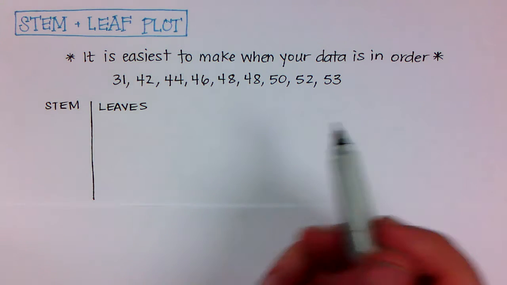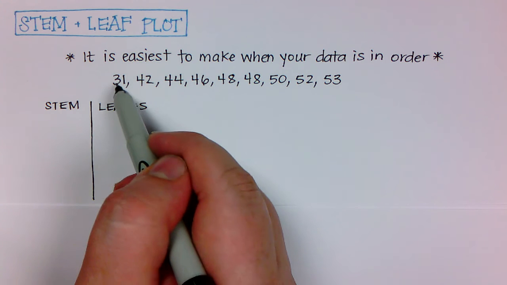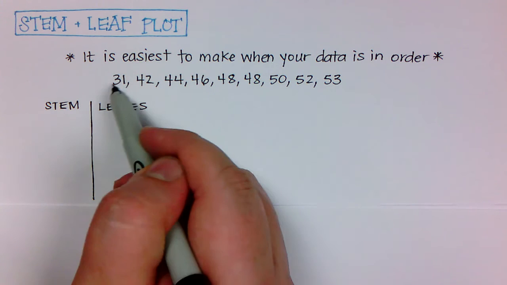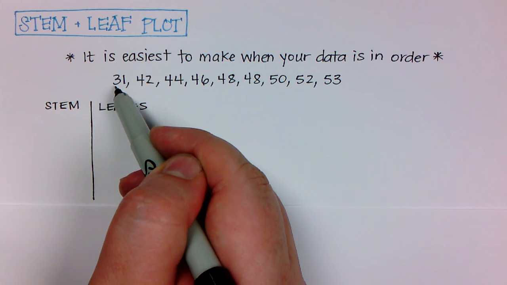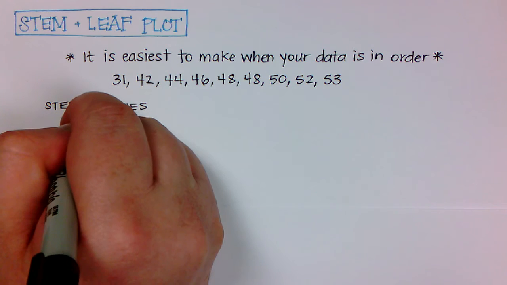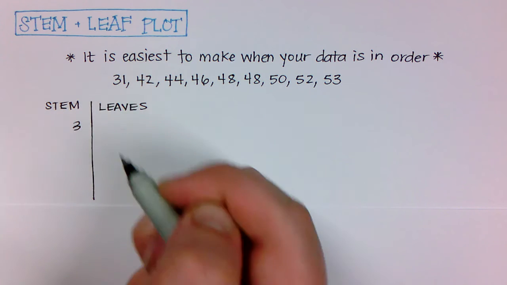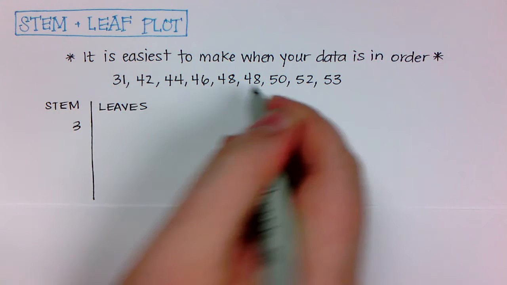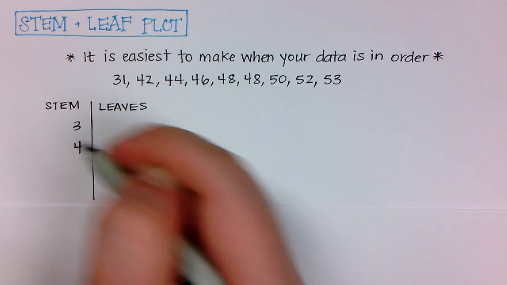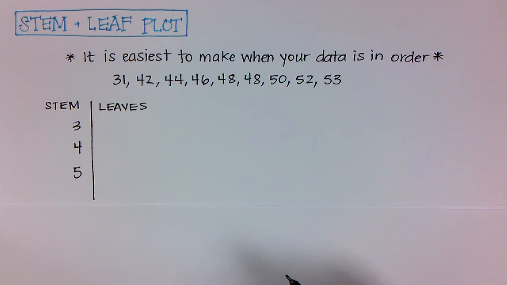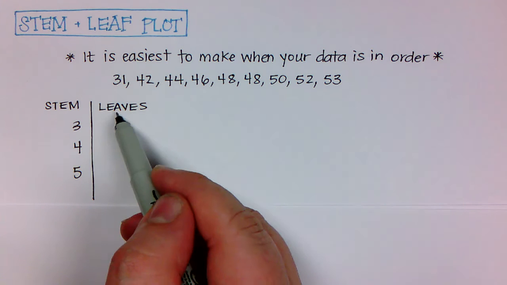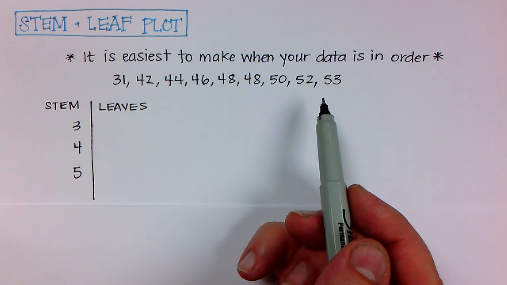And what we're looking for as our stem is typically, if it's a 2-digit number, the first digit, which is going to be the tens, I'm going to put as the stem. So I have a 3. I also have some that are starting with a 4, and I have others beginning with a 5. And then I'm just going to go one at a time, and for the leaves, I'm going to put the ones digit.